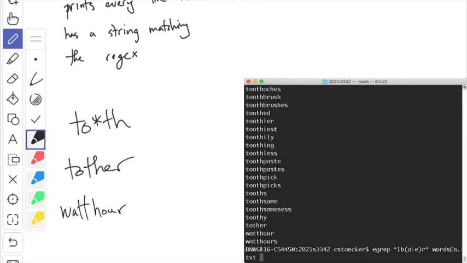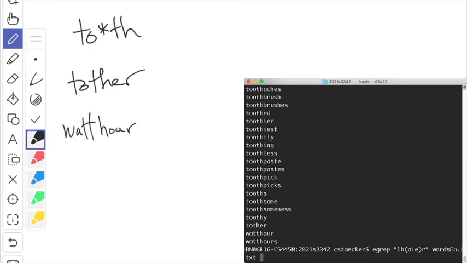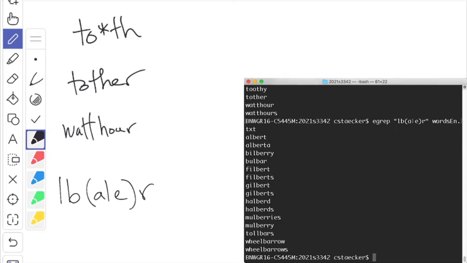So I'm grepping for LB, and then in parentheses, A, pipe E, followed by R. All right, let's see what we get. Can you think of any words like that? I don't know. Not very many of them.